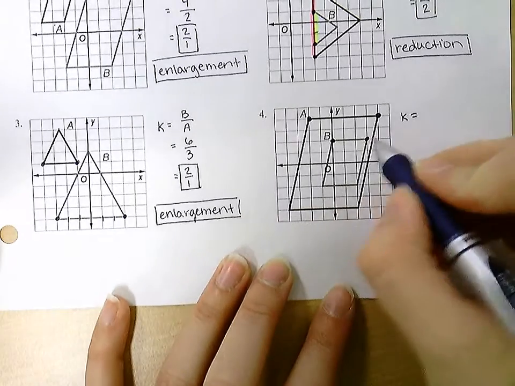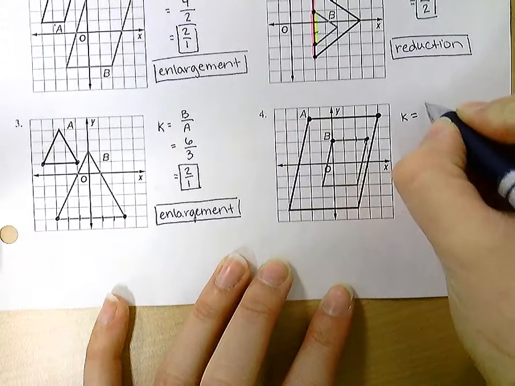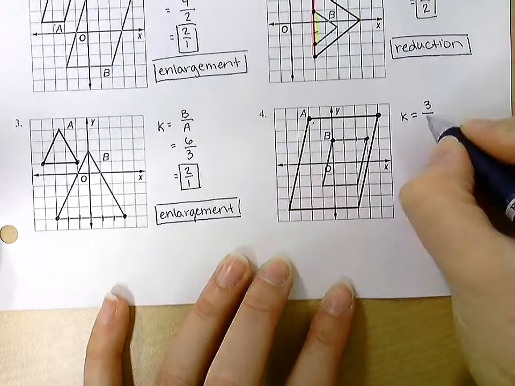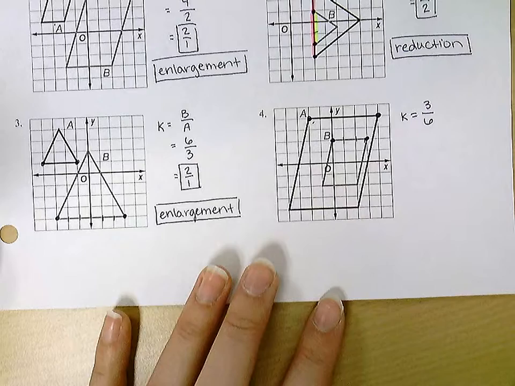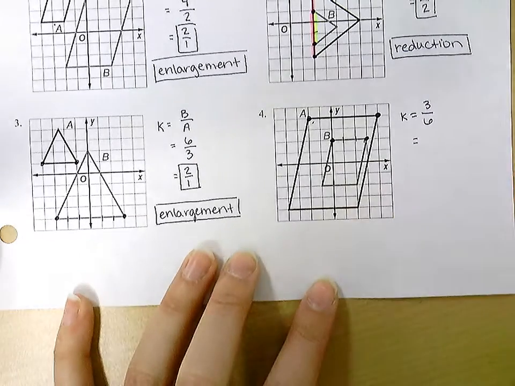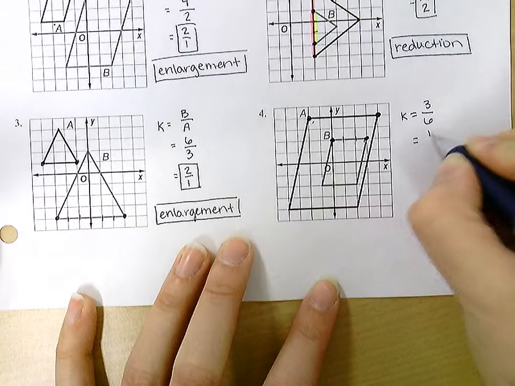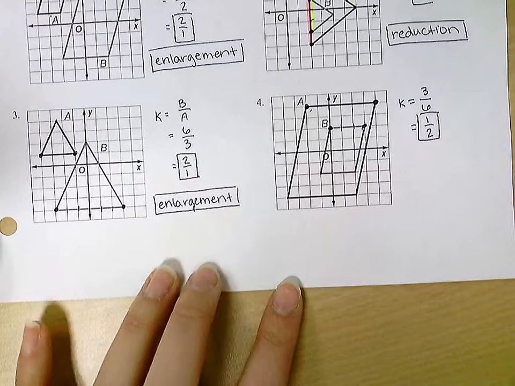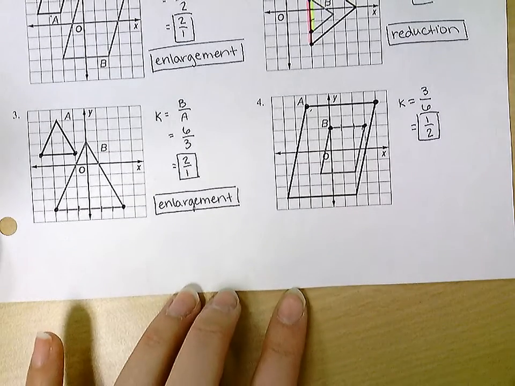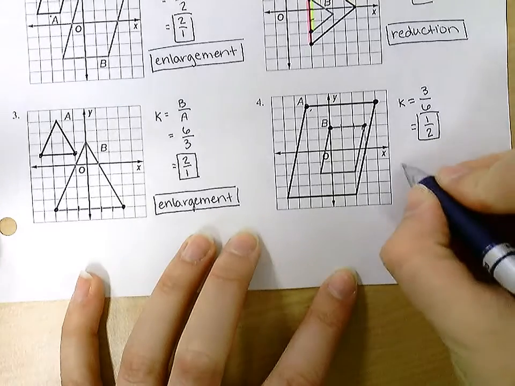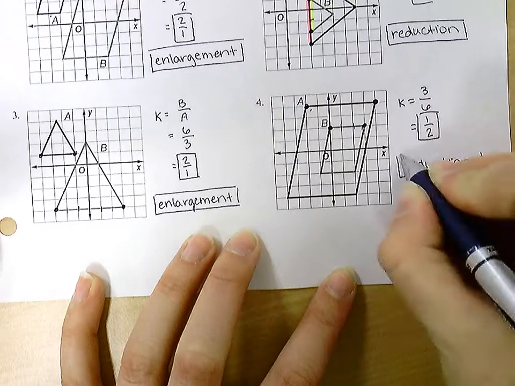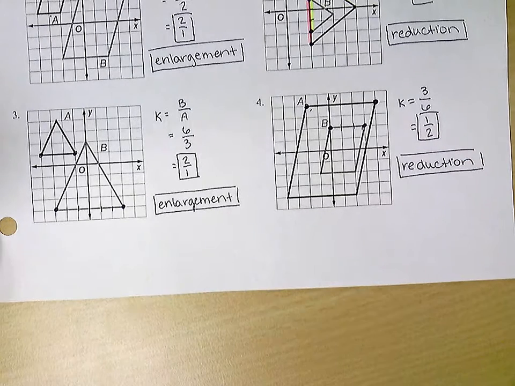So my K, or scale factor, I would have 1, 2, 3 for B over 1, 2, 3, 4, 5, 6 for A. And then I just want to reduce that scale factor to 1 over 2. Okay, since my scale factor is between 0 and 1, that means this is a reduction. Okay, and you can see if you go from figure A to figure B, it does get smaller.